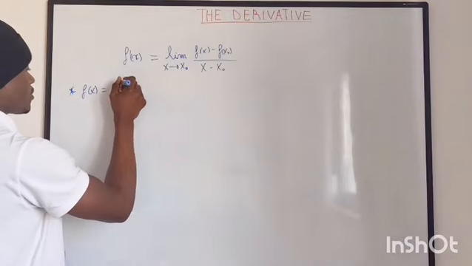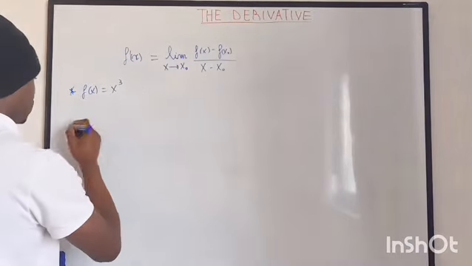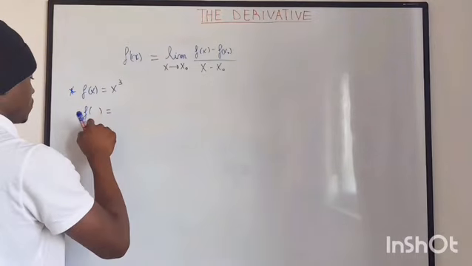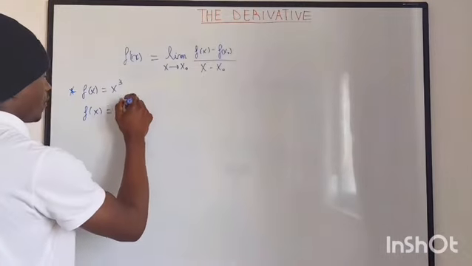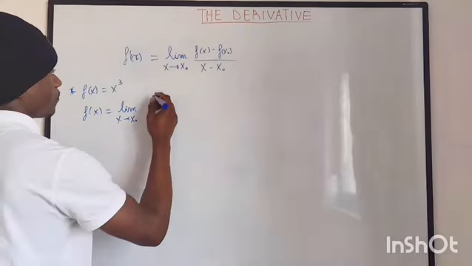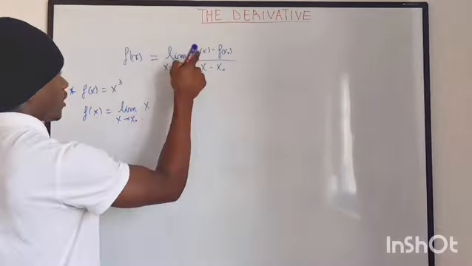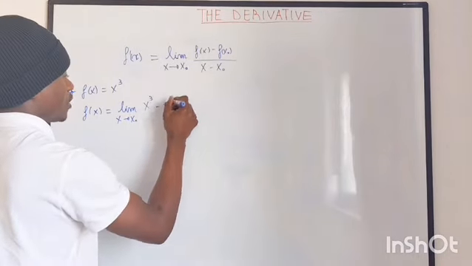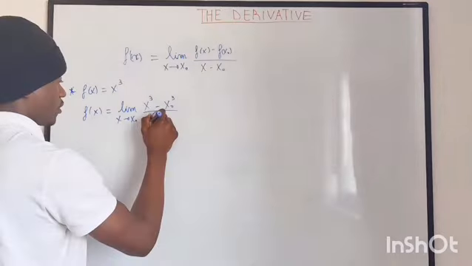Here is our second example. f(x) equals x to the power of 3. So f prime x will be the limit when x goes to x0 of f(x), which in our case is x to the power of 3 minus x0 to the power of 3, divided by the difference.